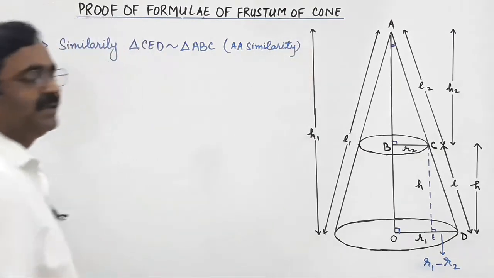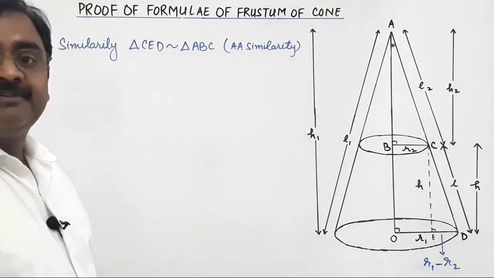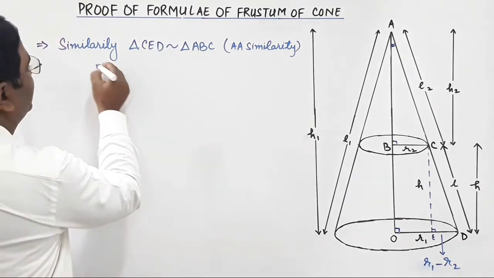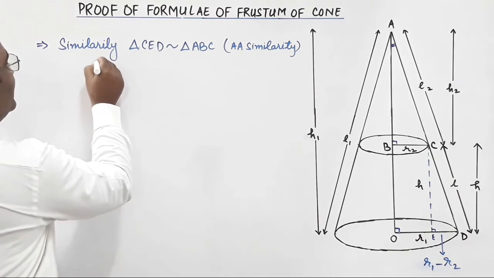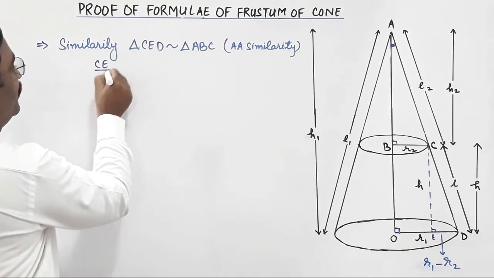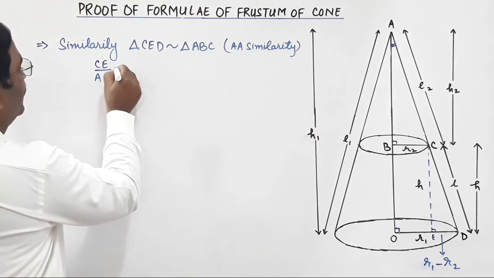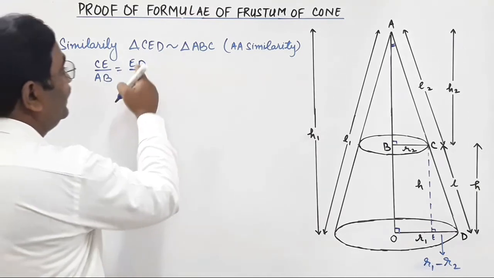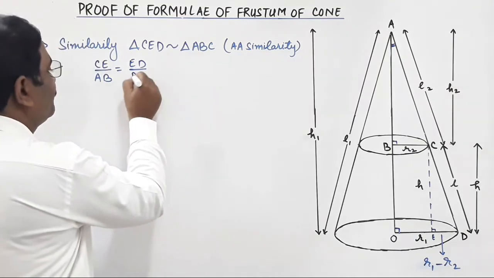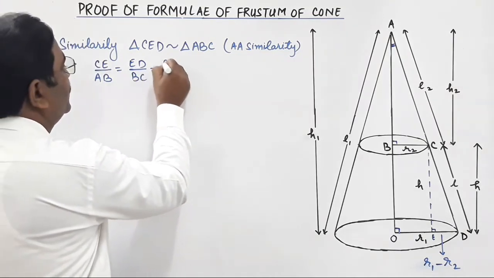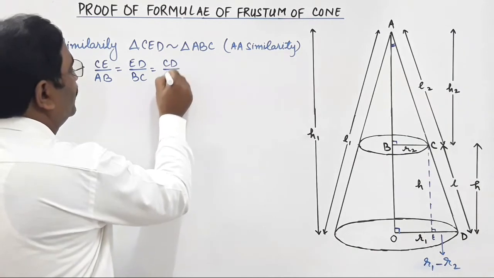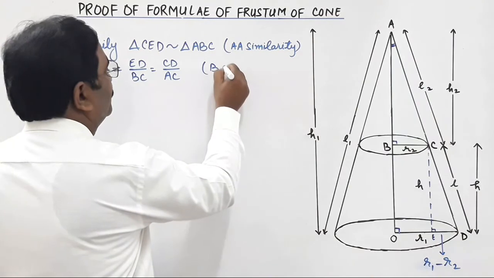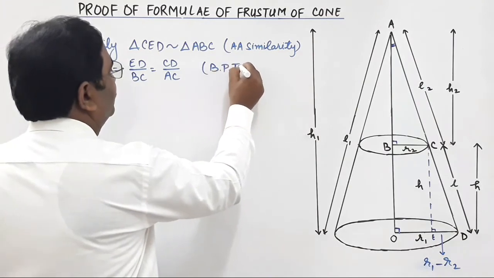Okay, so now this is the third pair of triangles you are getting that are similar. Now apply the basic proportionality theorem. You can say that CE upon AB is equal to ED upon BC equals CD upon AC by the basic proportionality theorem.